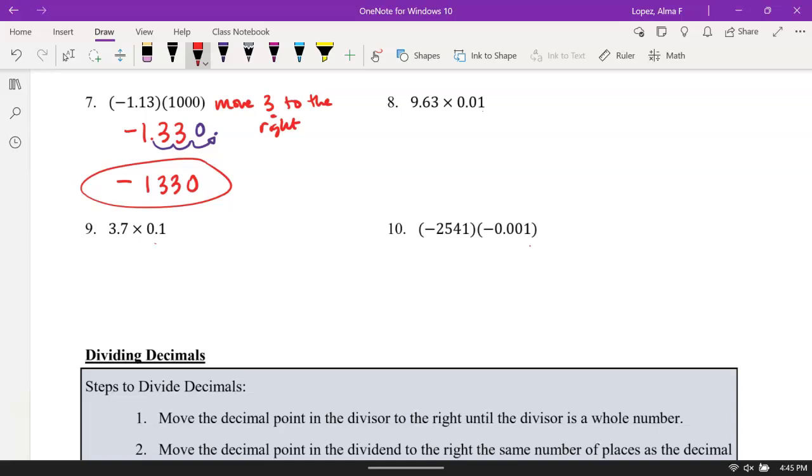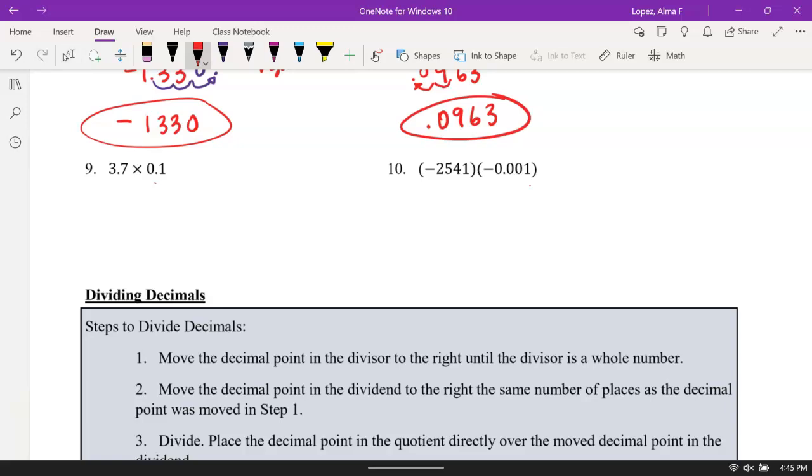So here, we're going to move 2 to the left because you're going to make it smaller 2 decimals. So I'm going to take the 9.63, I'm going to move it 2 to the left, 1, 2. I'm going to need a placeholder. So my answer will be 0.0963.